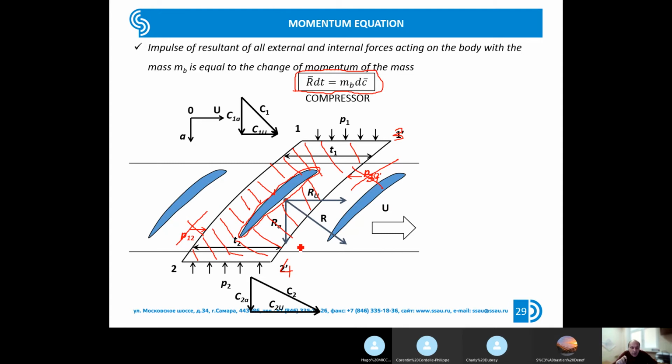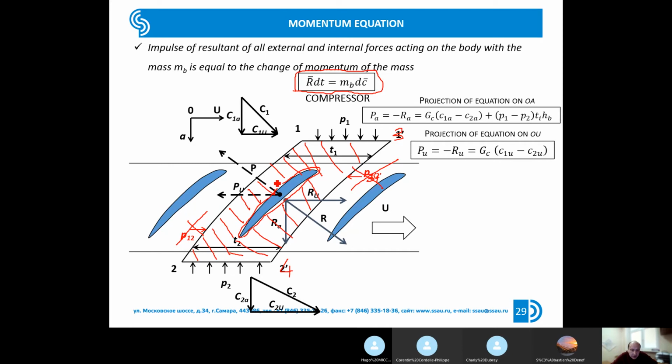And the same force, based on Newton's third law, acts on the blade. So it means that on the blade acts the same force P, and we could split it into two projections: PU, the circumferential projection, and PA, the axial projection.